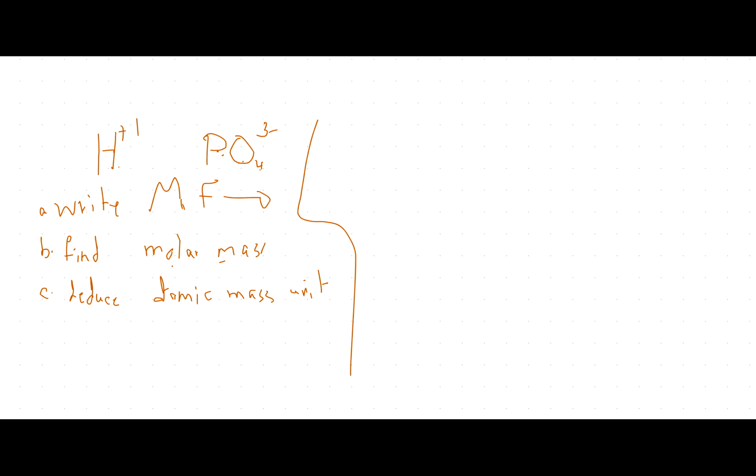Phosphoric acid. Its name is phosphoric acid. I gave you the ionic form. So you just make it crisscross. Okay, phosphoric acid, so it's going to be H3PO4? Yes. Okay. Thank you.